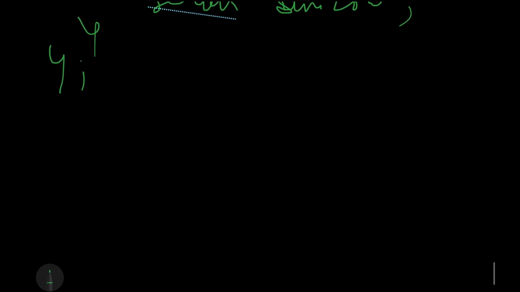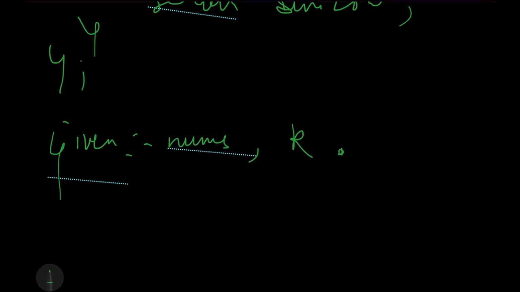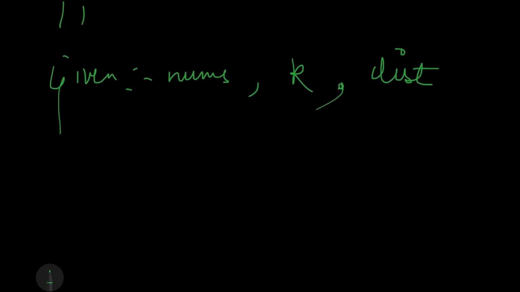Now in our main method, what was given is the nums array, the k variable, which is the number of subarrays in which we have to divide, and the distance. Then we'll simply define a variable in which we first store nums.size.